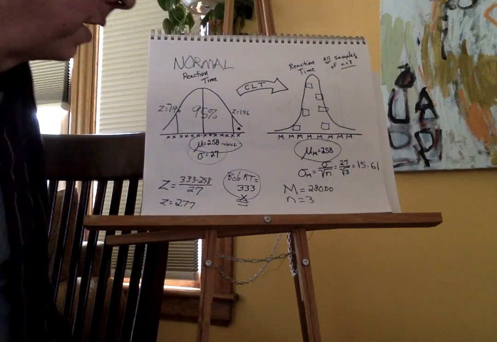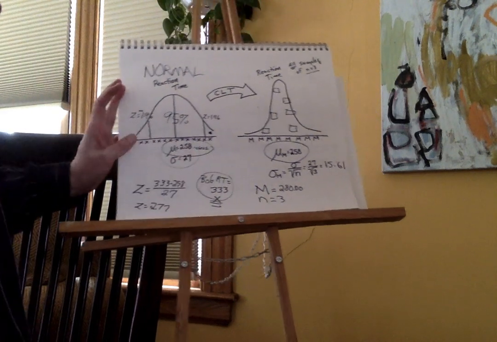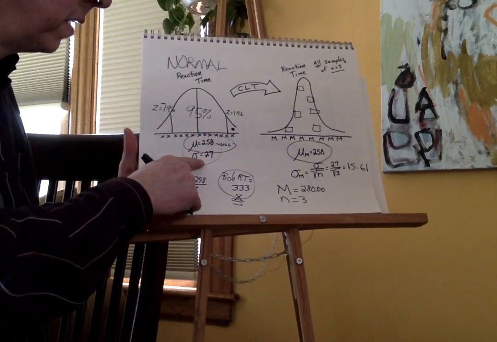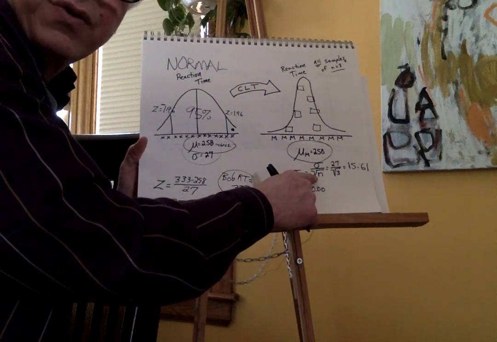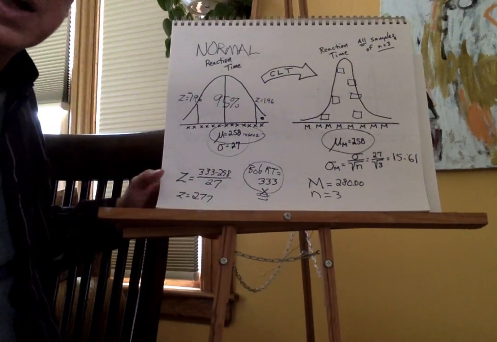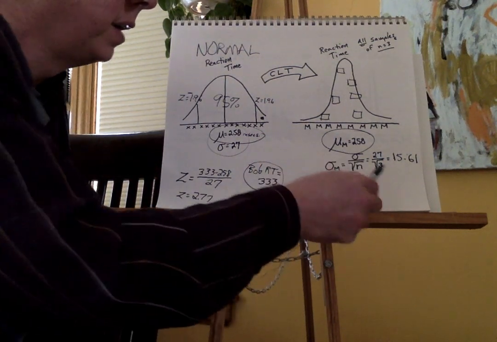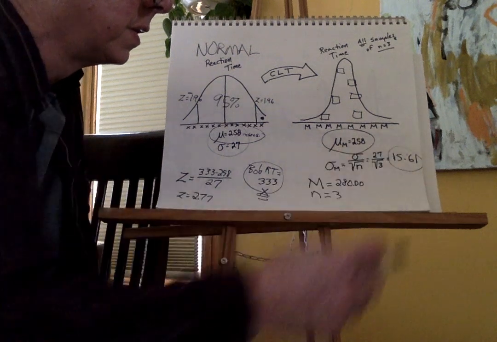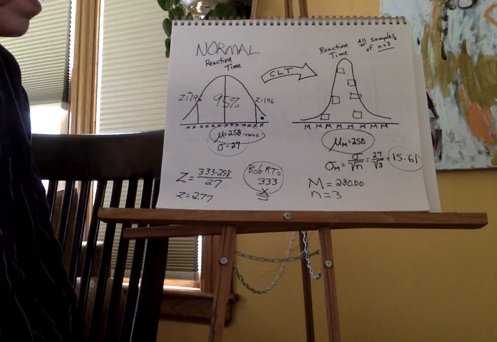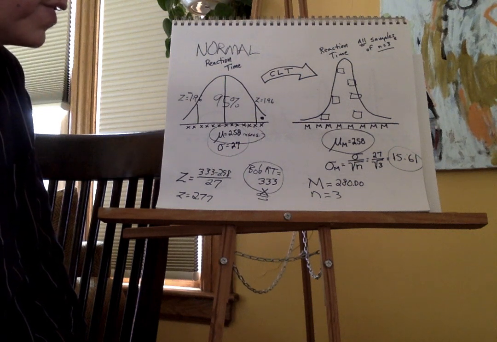You should do this on your own. 27, that was the original standard deviation, right? Divided by the square root of 3, because we're doing 3 trials. So a sample of 3, okay? That gives us a new standard deviation for the sampling distribution, also known as the standard error.